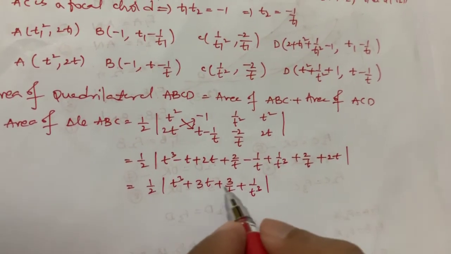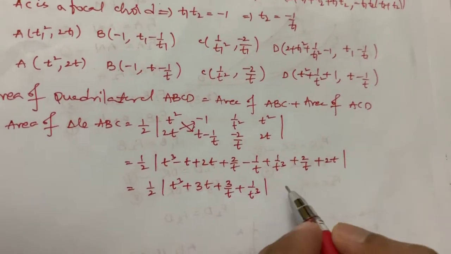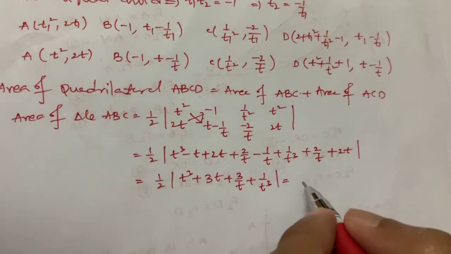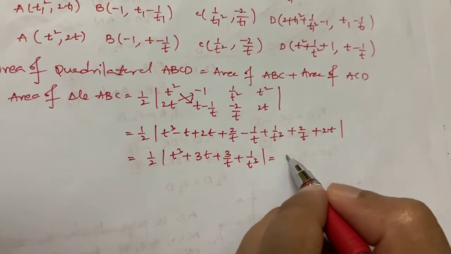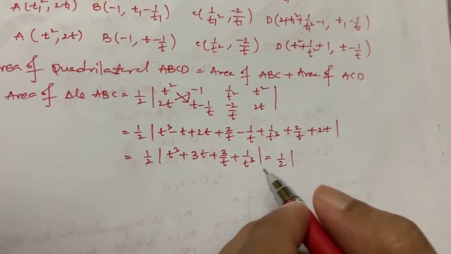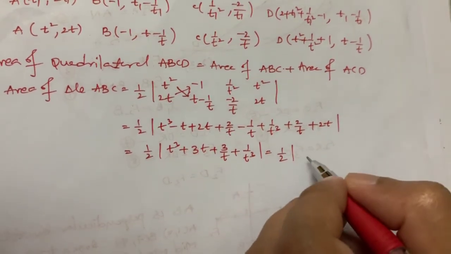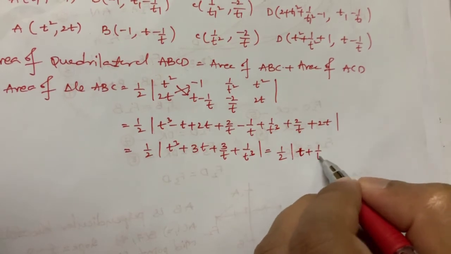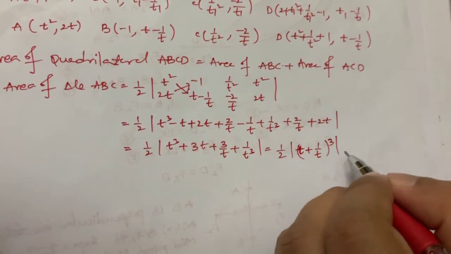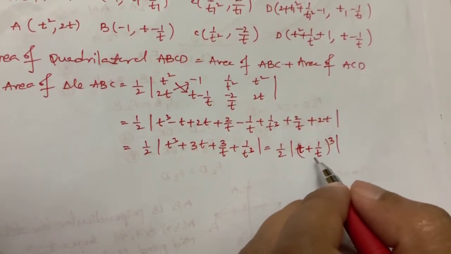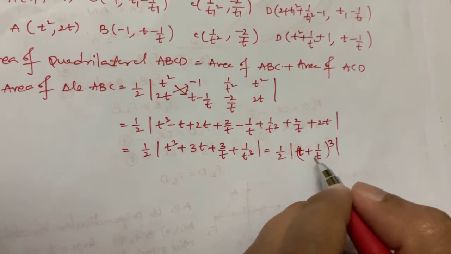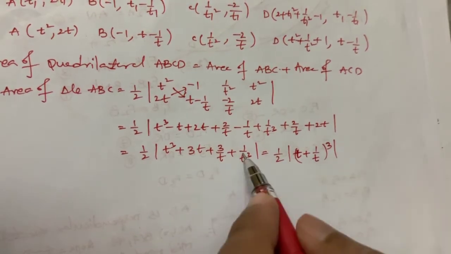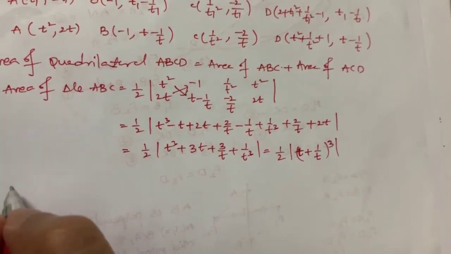Okay, so this is 1 by 2 into t plus 1 by t whole cube, right? Because t cube plus 1 by t cube, 3t square into 1 by t, plus 3t into 1 by t square, the same, right?